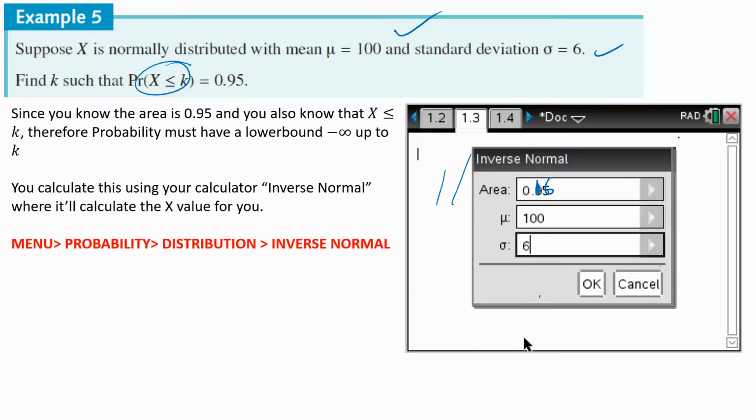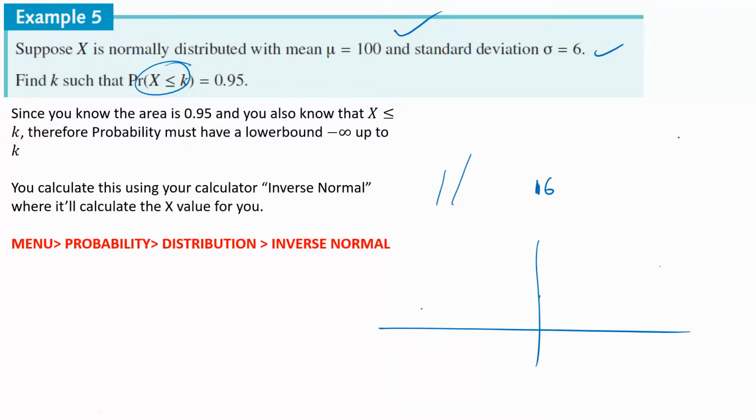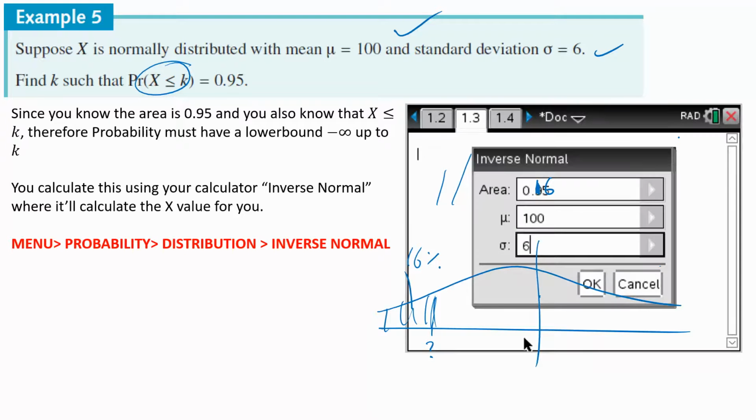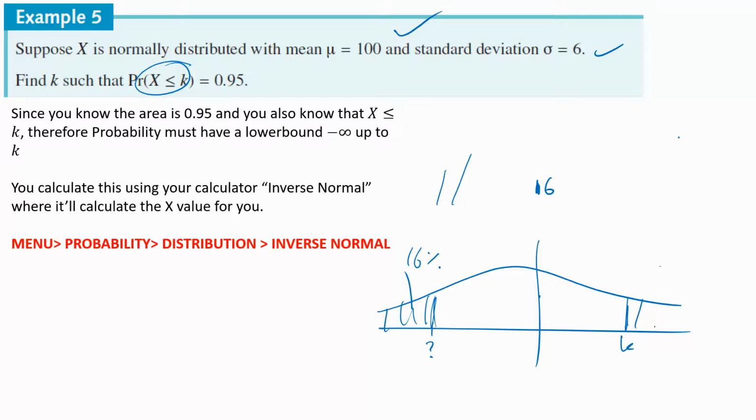So from left to right, this is my graph, and 16% will be about here. That's 16% from left to right, and that tells me this value. But that wasn't what I wanted. I wanted greater than k. So k had to obviously be over here, and that's 16%.